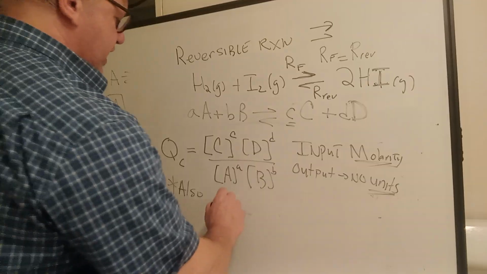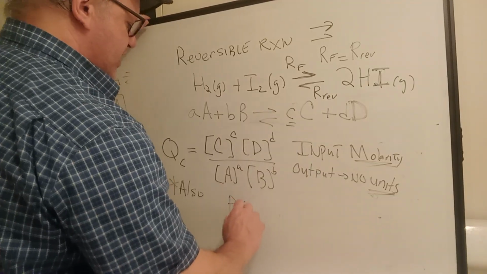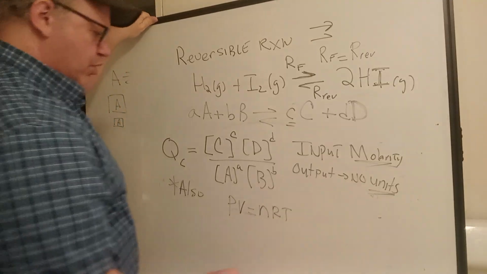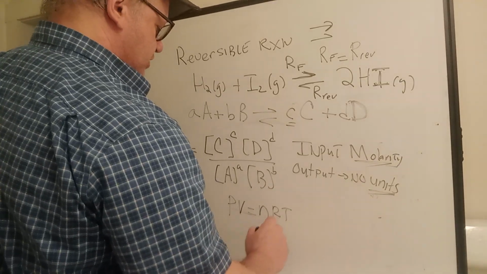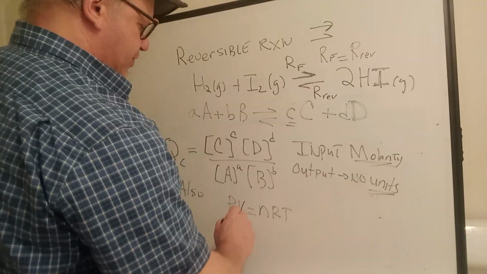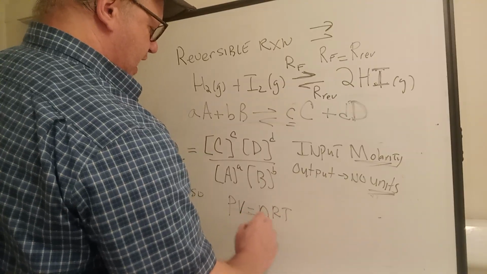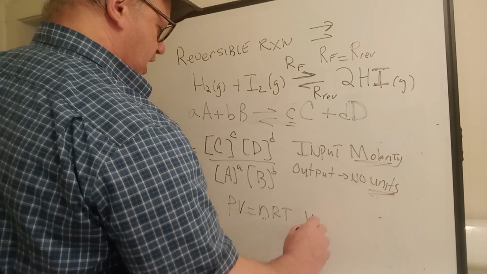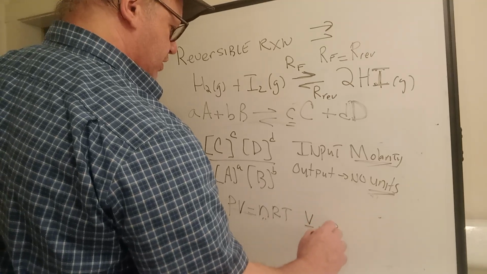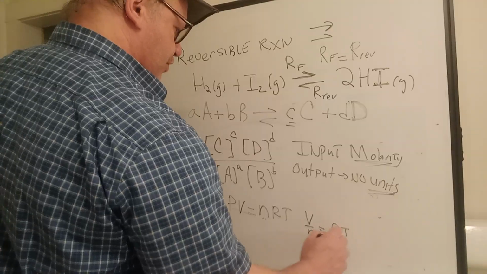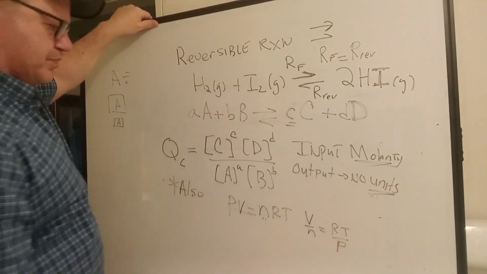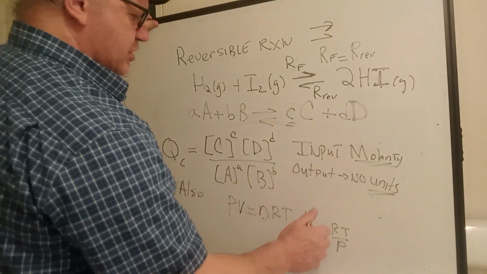We've got the ideal gas law, PV equals nRT, right? Well, there's a relationship, we have volume and n. You could take V and n, and that's equal to RT over P. When you've got pressures, you can relate it to concentrations.